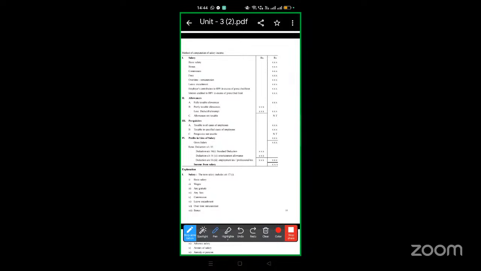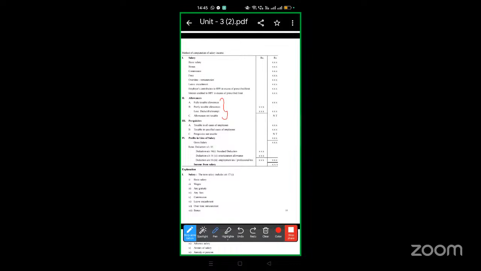The next one is allowances. Allowances again we have three types, that is fully taxable allowances, partly taxable allowances, and allowances not taxable. And next we have perquisites. Under perquisites again: taxable in all cases of employees, taxable in specified cases of employees, and perquisites not taxable. Next we have Roman number 4, that is profits in lieu of salary.